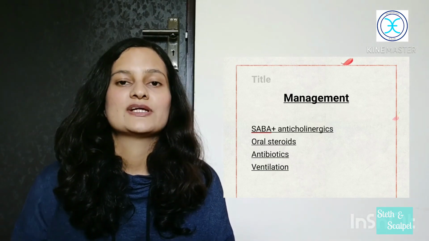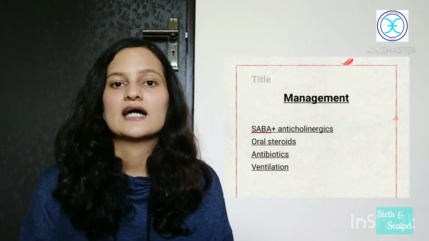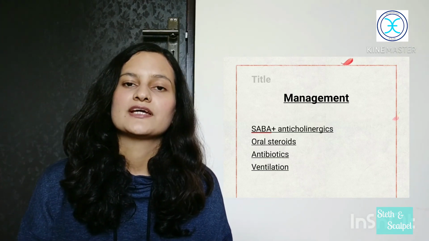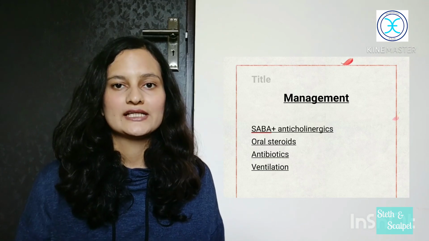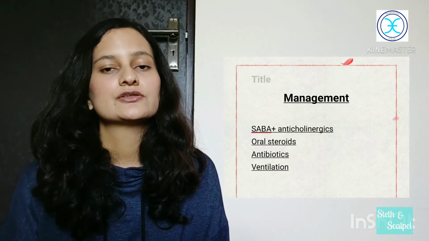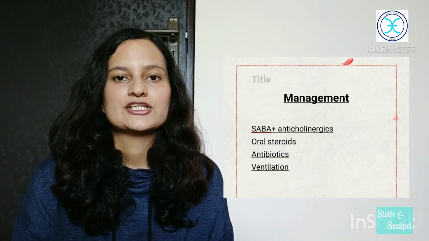Then if you suspect infection, if there is purulent sputum, then start antibiotics. Finally, if there is a need, you have to use ventilation. It could be non-invasive, like positive pressure ventilation, or it could be invasive ventilation.